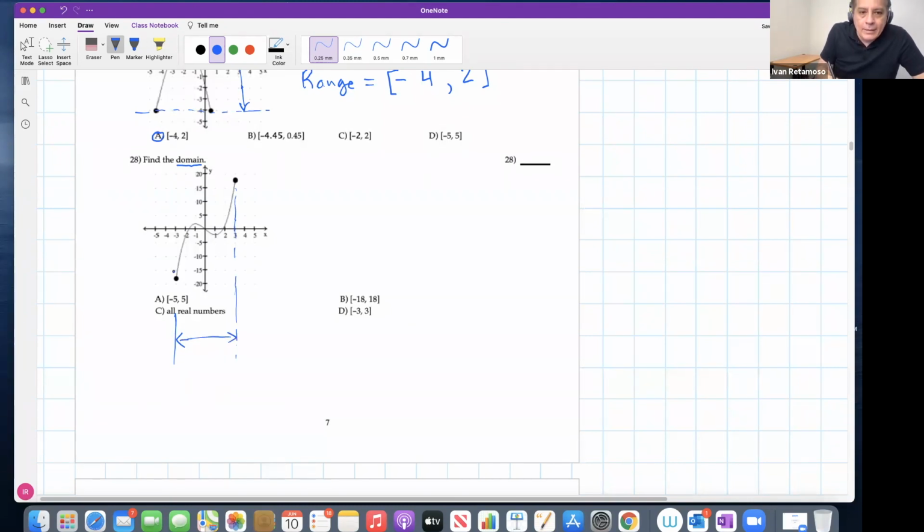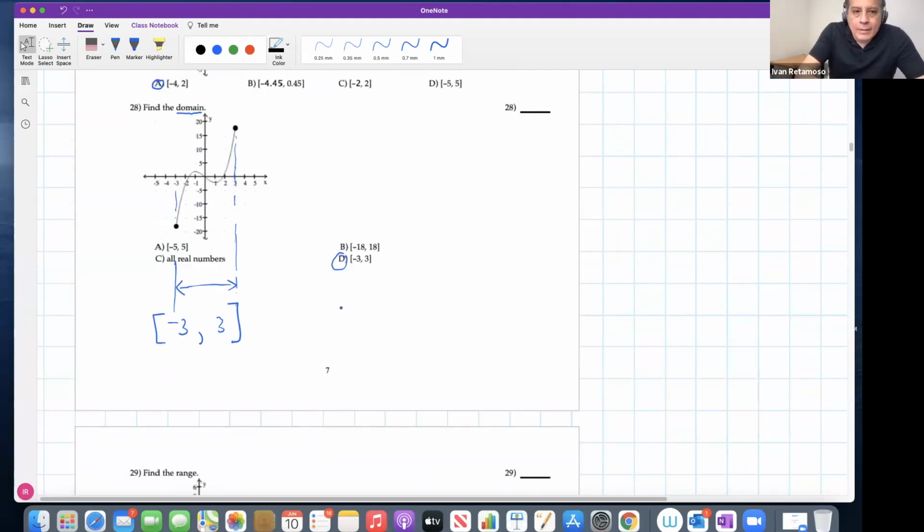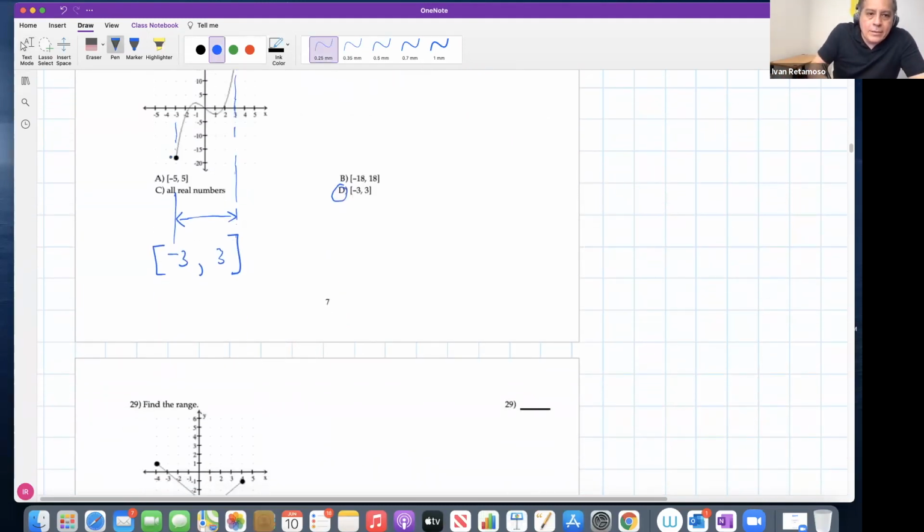The lowest input value is -3, bracket, because solid circle here, comma, this one 3, bracket again, solid circle. So this should be the domain. You follow, guys? 28. Great. Pay attention to these little circles. When they are solid, brackets; if for some reason they are empty circles, you have to use parentheses.